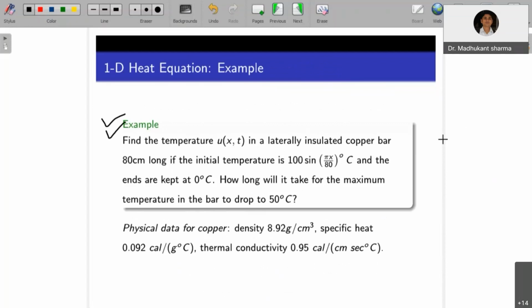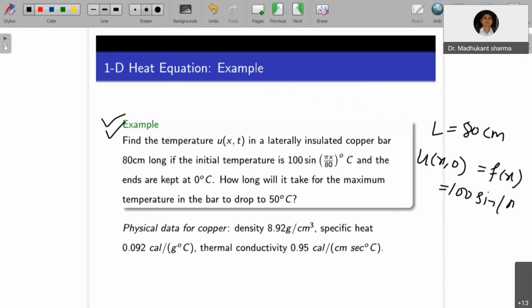So here it is given L is 80 centimeter. If the initial temperature is 100 times sine of pi x by 80 degrees Celsius, it means u at x comma 0, that is f of x, is going to be 100 times sine of pi x by 80 degrees Celsius.